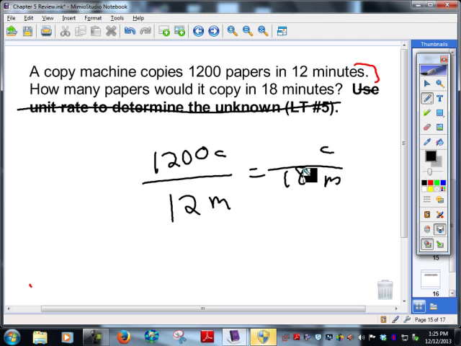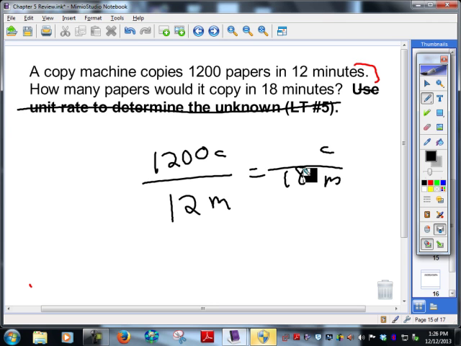Okay, if this last sentence was not there, then I would totally understand why you would do it this way. However, it is easier. But our learning target number 5 says, I can apply the concept of unit rate to determine an unknown. I'm not sure if you guys even know what I'm saying when I say that.